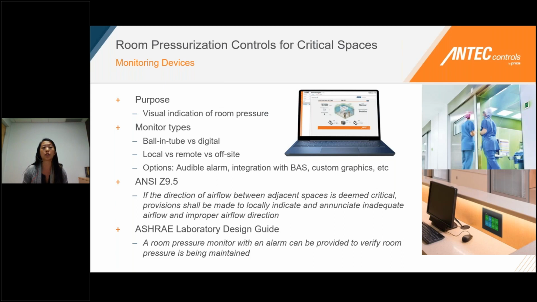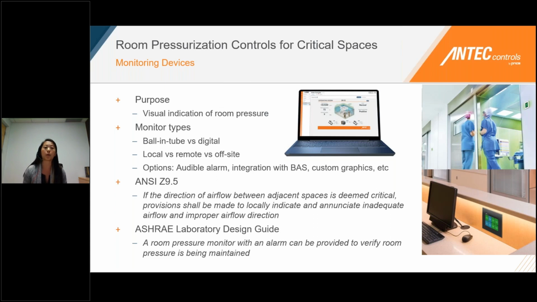But in the lab standards, it doesn't necessarily say that a pressure monitoring device is required in all applications. So ANSI Z9.5 does say that only if the space is deemed critical should you be required to provide an indication of improper airflow and direction. But it doesn't necessarily define what is critical in this context.